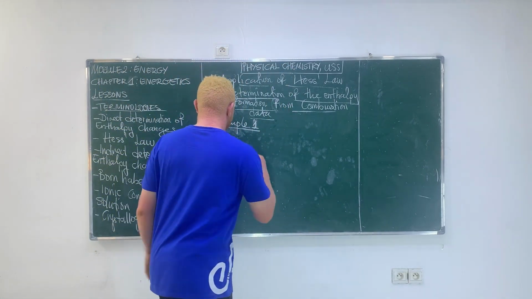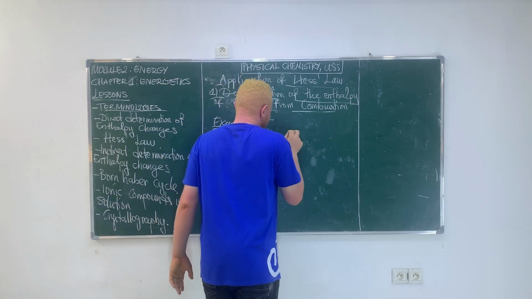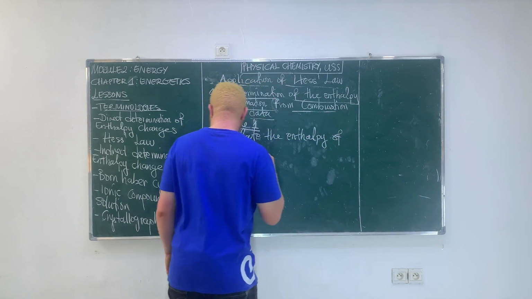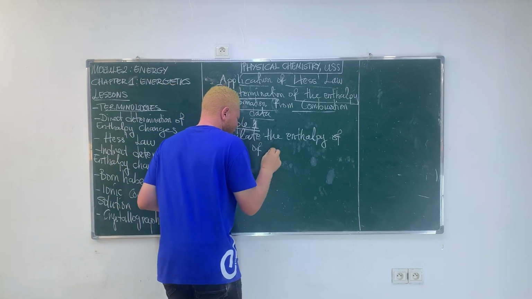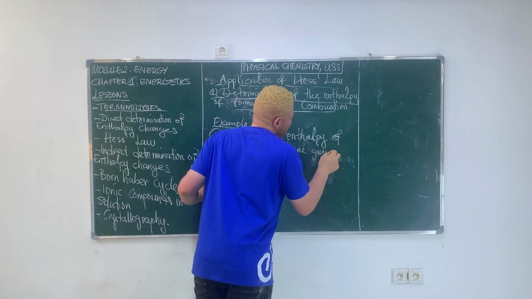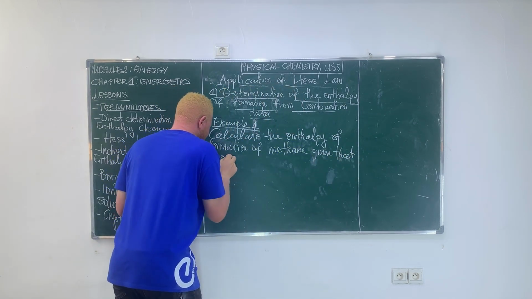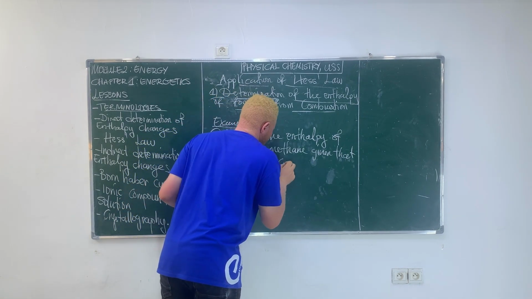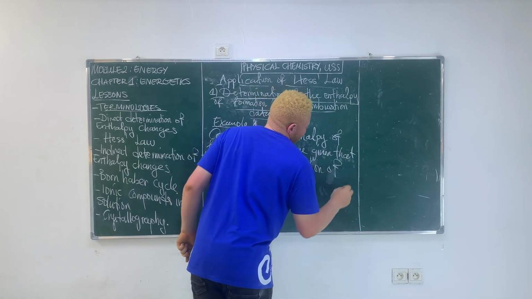Example 1: calculate the enthalpy of formation of methane, given the enthalpy of combustion. These are the enthalpies of combustion of carbon.